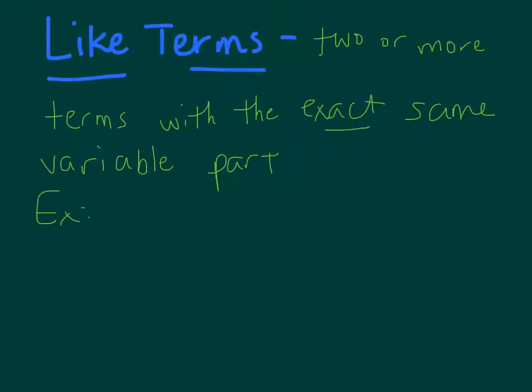Our last vocabulary is like terms. Like terms are 2 or more terms with the exact same variable part. And we also want to remember that we can combine them. When I see like terms, I can combine my like terms, and we'll look at what that means. An example of like terms would be 3x and negative 8x.